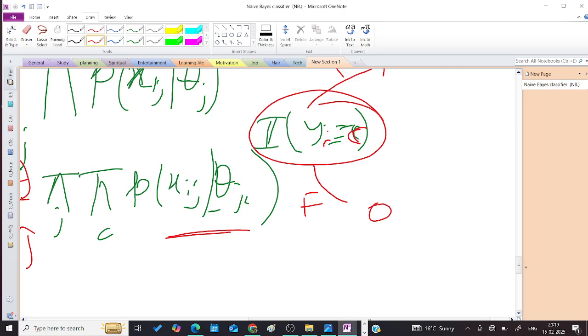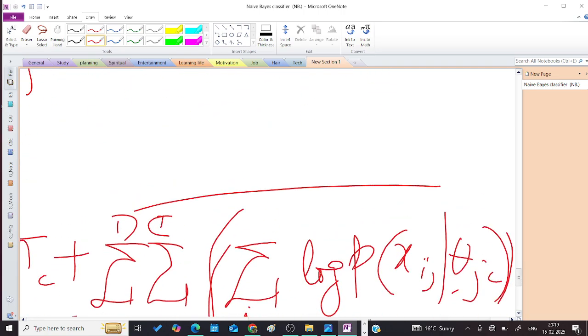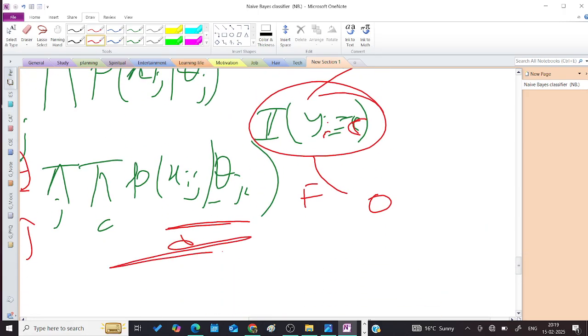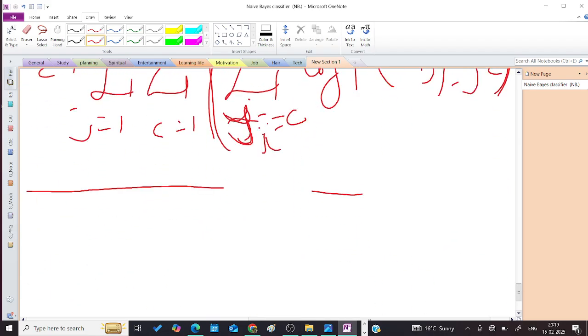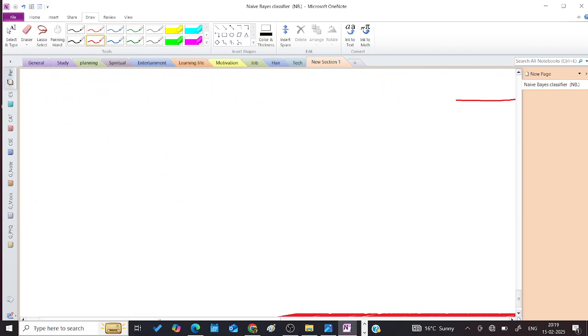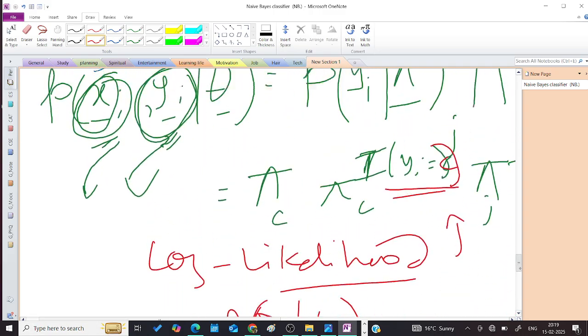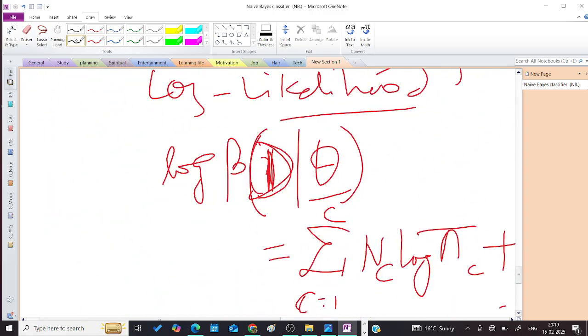This term we have already found from the above mentioned term. From there we have just taken the log of the terms, right?